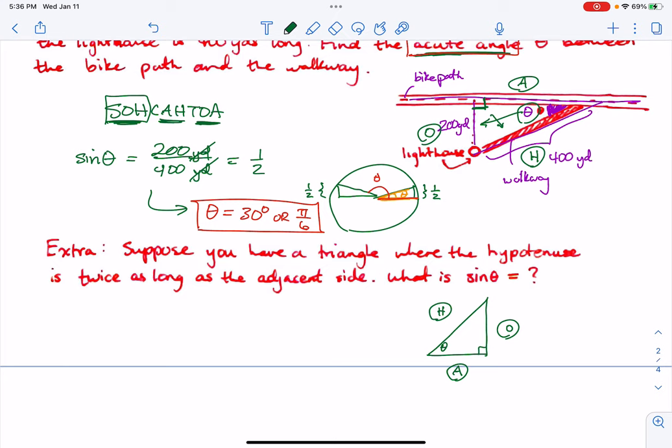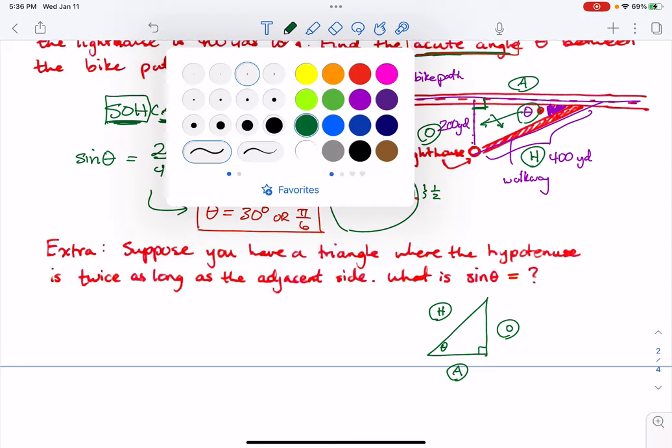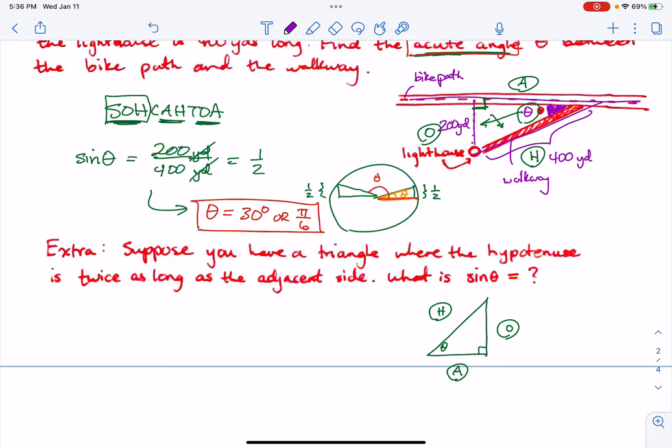And so you might think, well, we can't do anything. Well, actually we can, because remember, with sine, cosine, and tangent, it's the ratios that matter. So let's say that my adjacent side is, well, you could choose any number for it, or you could choose a variable. I might choose, let's say 10.